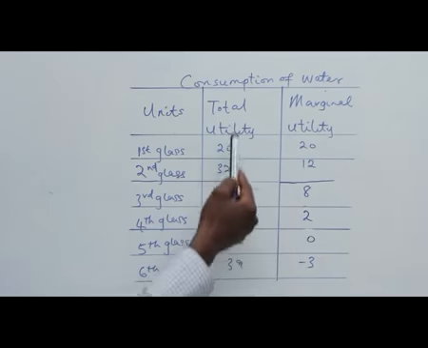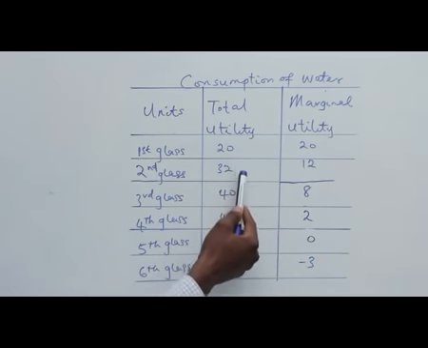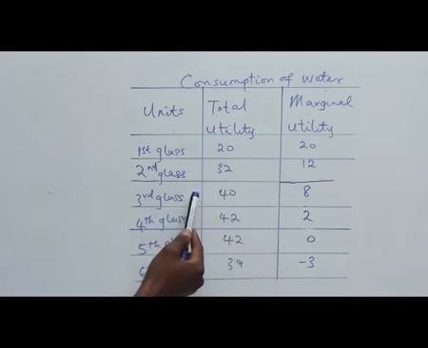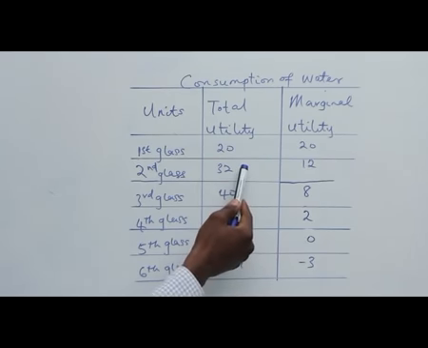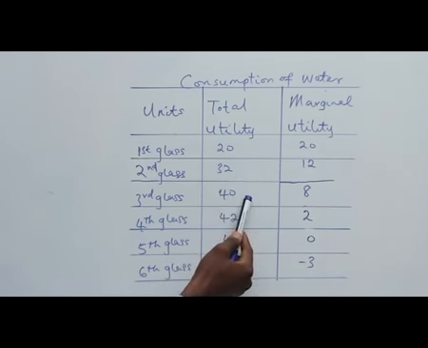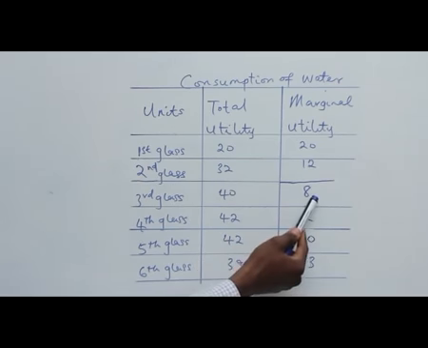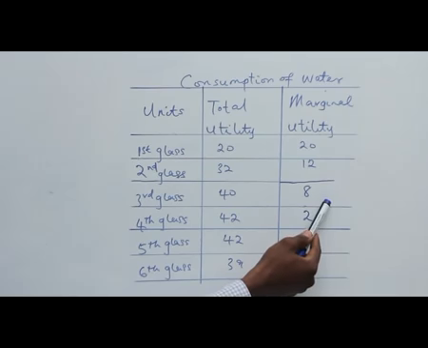Let's assume the person requests for a third glass of water, where the total utility is 40. The change between the second glass and the third glass is 8. That is, the increase that the person has derived from the consumption of that water is 8.